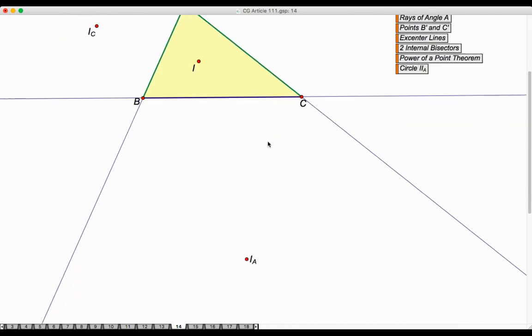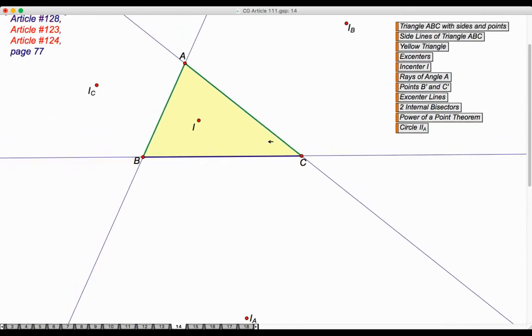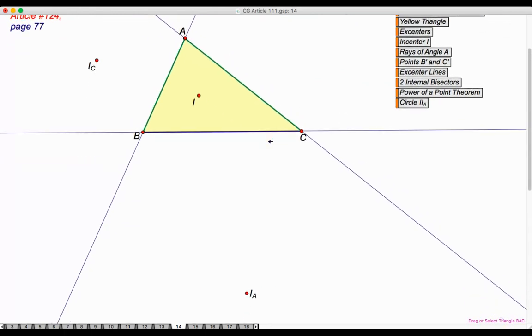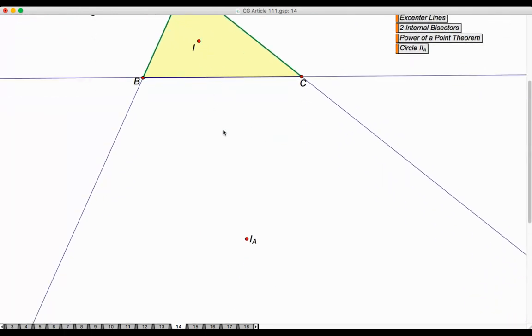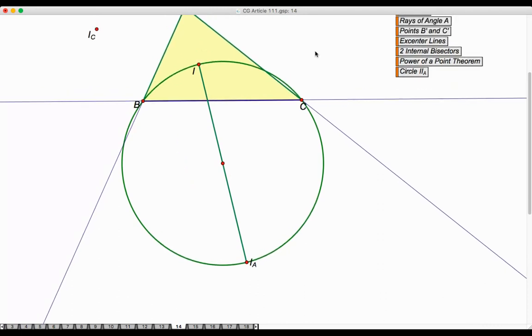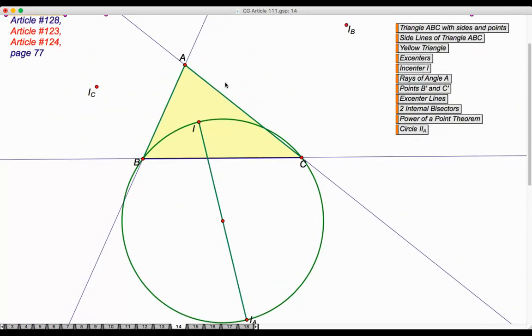So let us consider, so there are 6 circles here. Let us only consider one of them, and it is the circle with diameter I sub A, okay? And that's the circle that passes through it. And definitely, I can even consider extending it, and I know that this is an angle bisector, actually an internal angle bisector, okay?